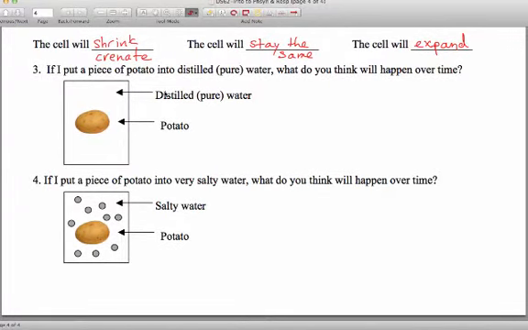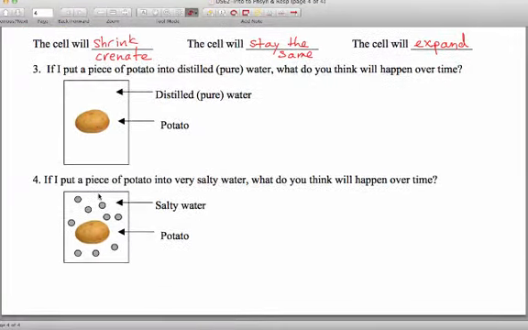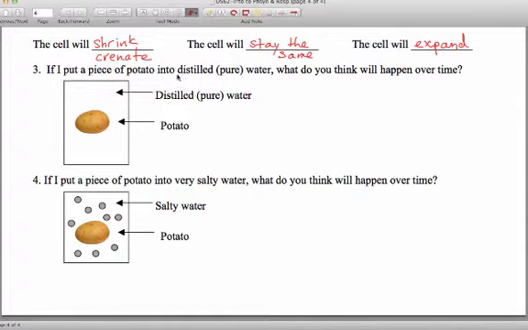For our next one, we're taking these same concepts from our previous question and applying them to something that we actually know a lot about and can see. So we're going to use a potato for this particular example. It says, if I put a piece of potato into distilled water, and notice that distilled water is just pure water, meaning that there's nothing floating in it, what do you think will happen over time?